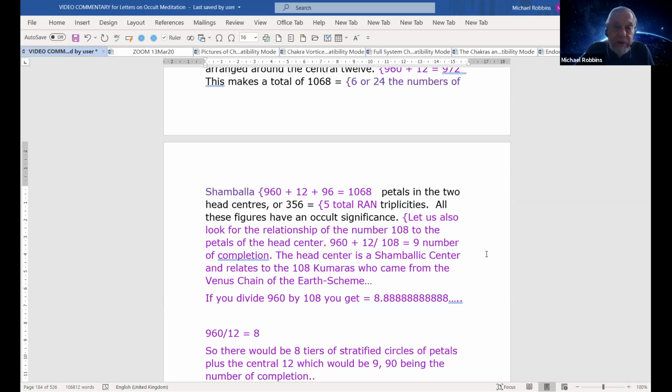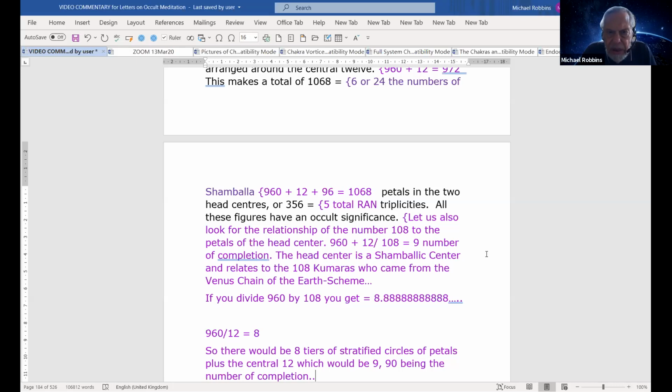Now, given the shape of the cone, we would find perhaps the size of the petals being reduced as we rose. Either that or something stranger yet, different numbers of petals in each tier. But that becomes too speculative, and we can't really get into that.